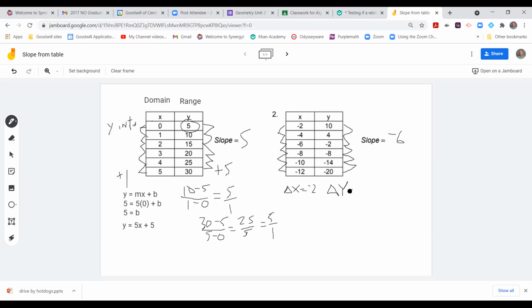I'm with you that the change in y is -6, but I don't think that's the slope, because we still have to do that comparison, right? The change in y over the change in x. So if I just took these numbers, it looks to me like the change in y over the change in x is going to give me a slope of 3.